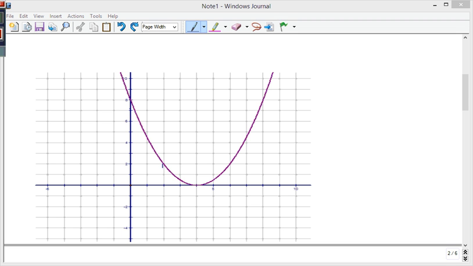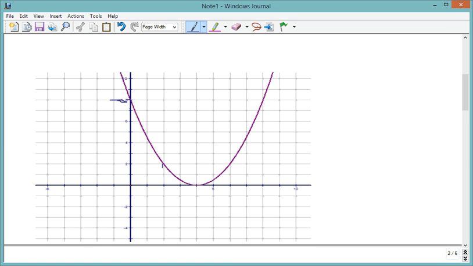So here's a function and we want to look at it. And you might think of this as the depth of the water in a pond, right? So maybe it starts out at 8 feet here. Maybe it dries up over the summer, and then when it rains and stuff again, we're back up here at 8 feet.